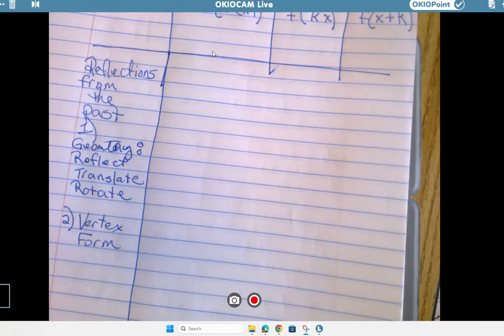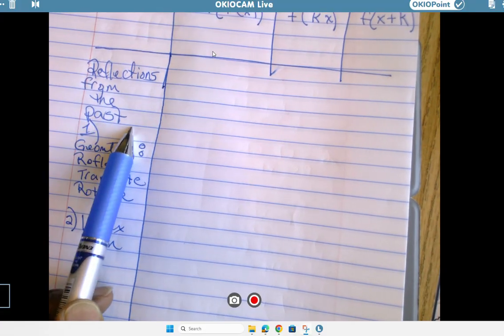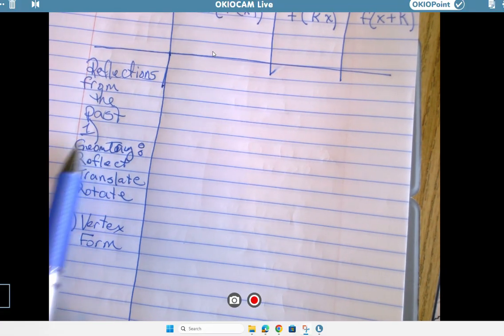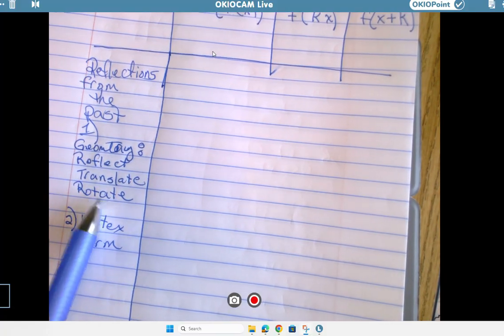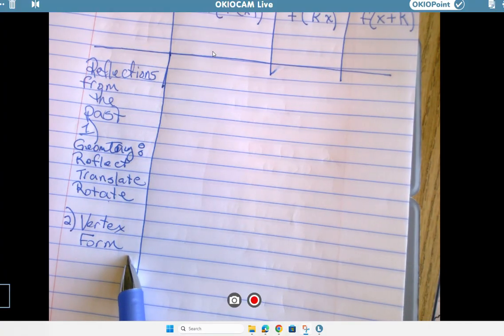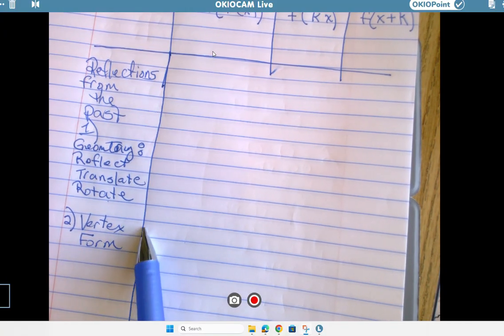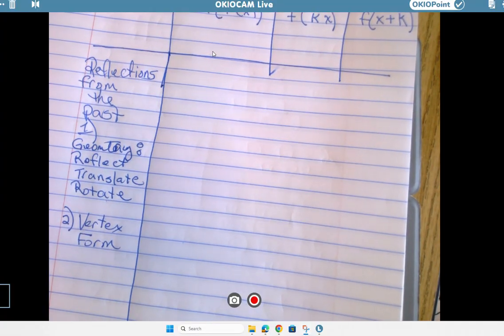Okay. Vertex form, where are you? Right here? Reflections from the past. The first thing is geometry from 8th grade. We're going to talk about reflecting, translating, and rotating. This one is vertex form. I'm going to do vertex form first. Vertex form for a quadratic.